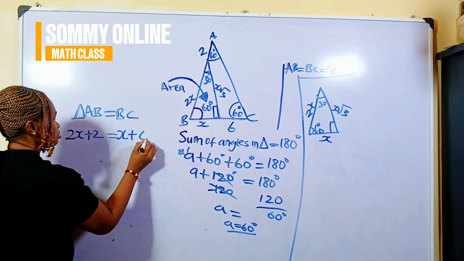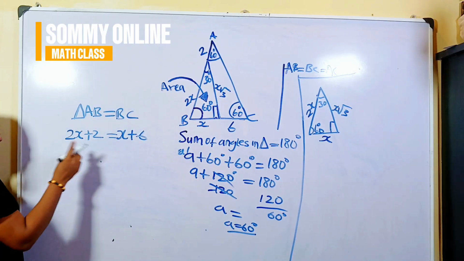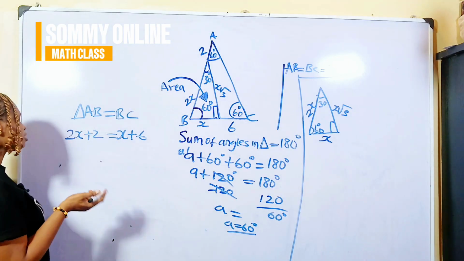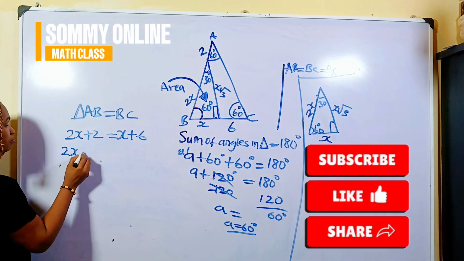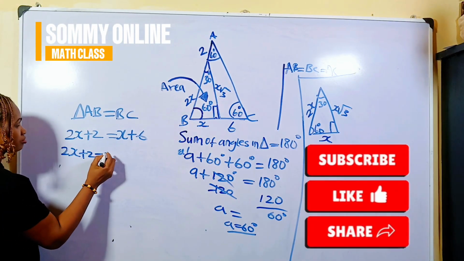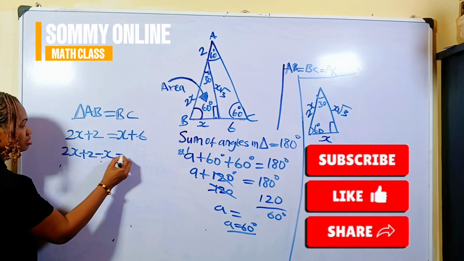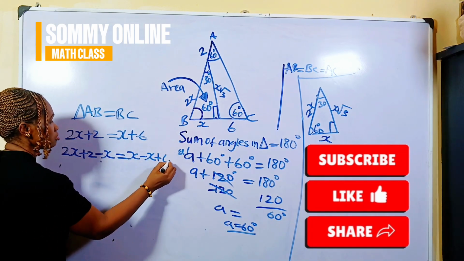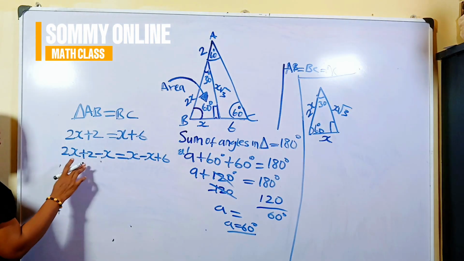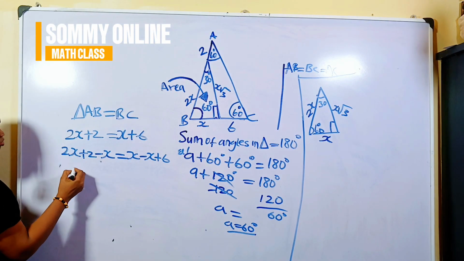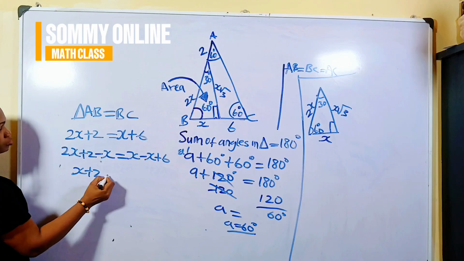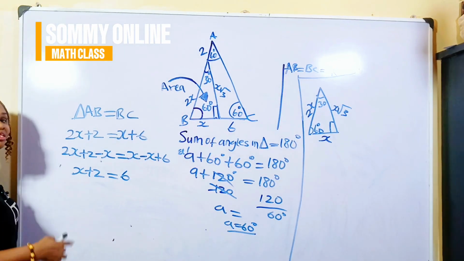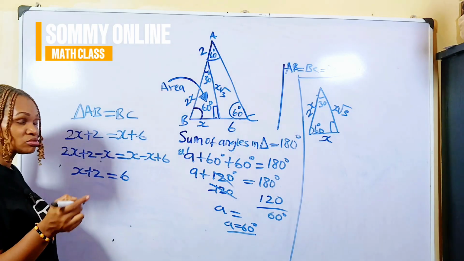The next thing to do is to subtract S from both sides. 2S minus S gives S plus 2, equal to 6. Then subtract 2 from both sides.